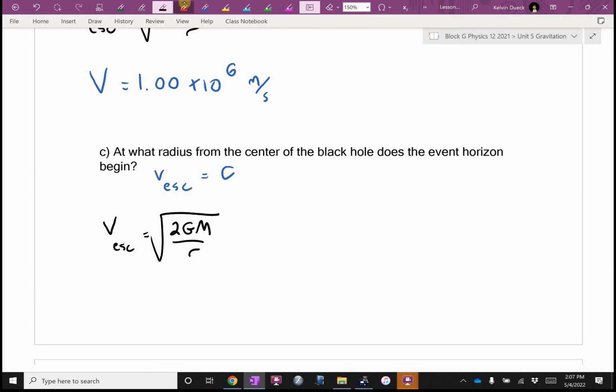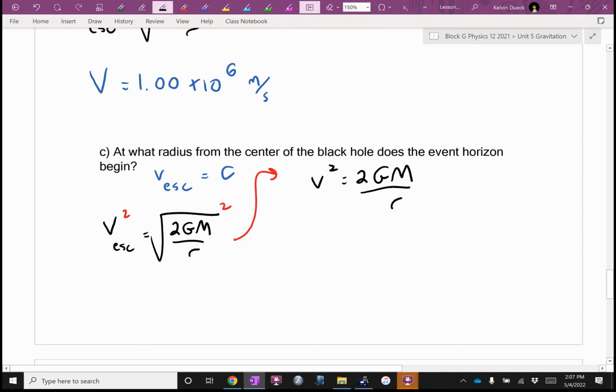I'm going to square both sides. That'll get rid of the square root on the left, and I'll end up with V squared equals 2 big G big M over R. Now stuff moves diagonally. R, which is the event horizon radius, or the Schwarzschild radius, another name for it, is equal to 2 big G big M over V squared.